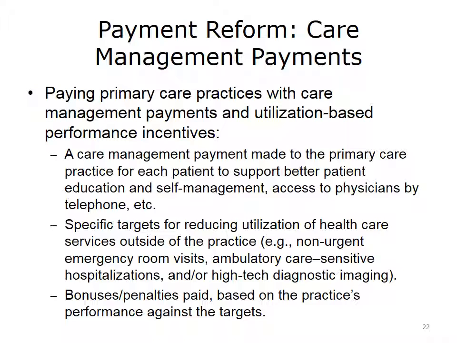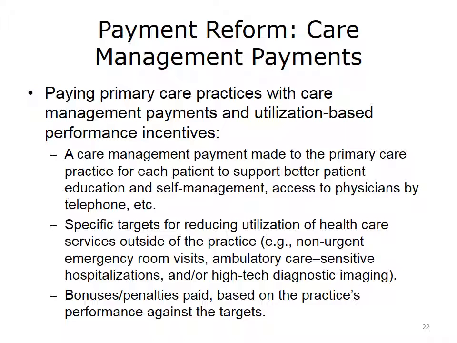Often, there are specific targets for reducing utilization of healthcare services outside of the practice, such as for non-urgent emergency room visits and for ambulatory care sensitive hospitalizations, which are hospitalizations that may have been avoided had the patient received the right care at the right time. The ambulatory care is what is necessary to prevent hospitalization.